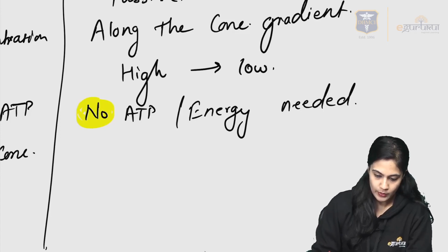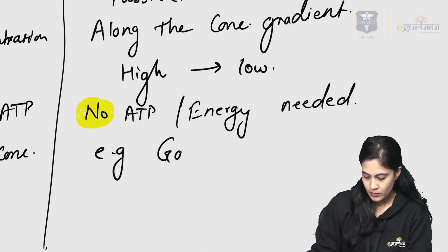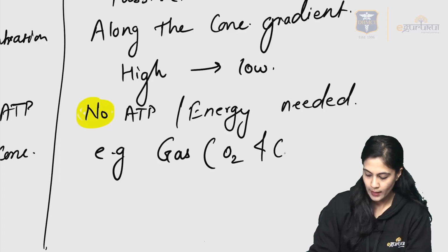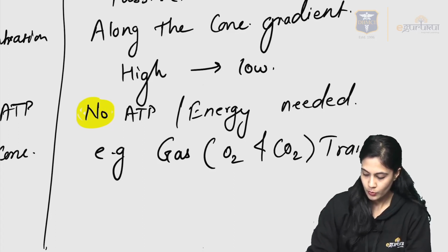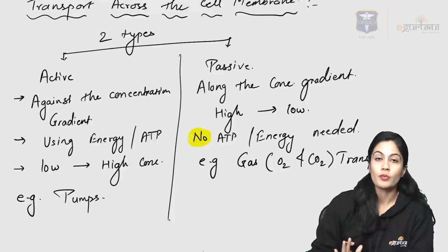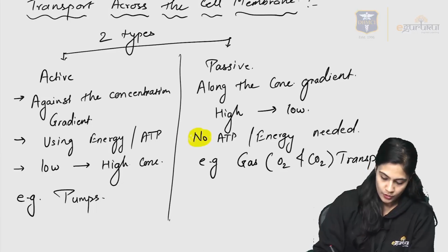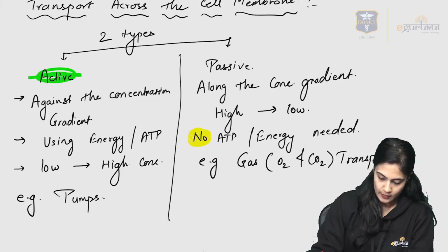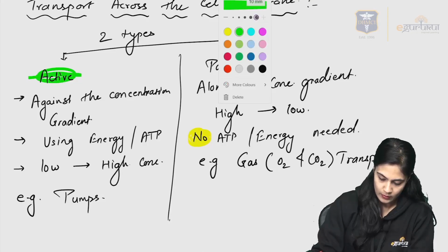And the example you can give over here is gas transport, for example, O2 and CO2 transport. So that's the basic difference between the major types of transport, which are active and passive.